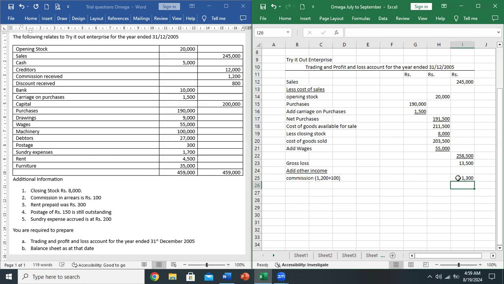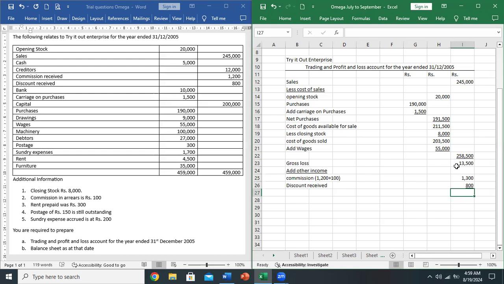Did you get this? I want to believe so. Then the discount received. As for the discount received, there is no adjustment or any information on it, right? So we put the exact figure 800 there. These are the only 2 income you have. You add, and I think your figure will still be negative, right?